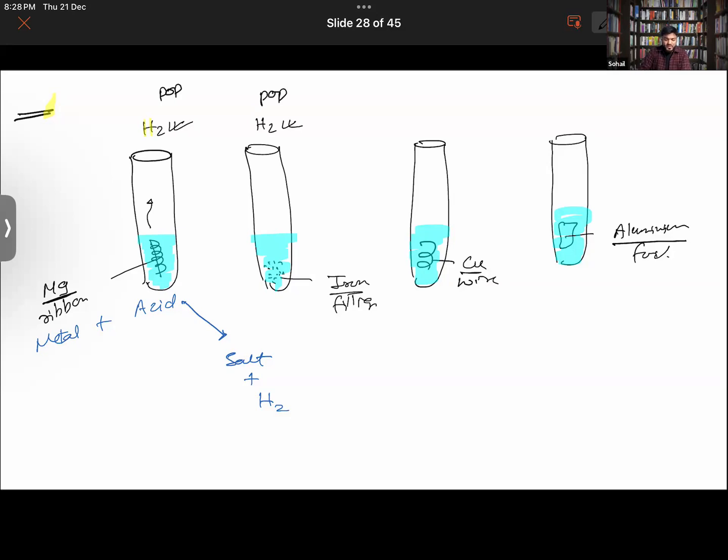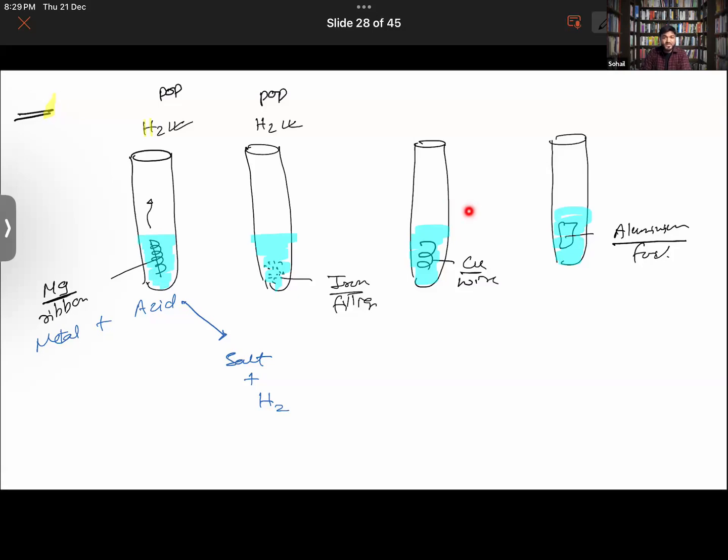When you bring the matchstick to the third test tube, which consists of copper wire, you will see that a pop sound is not produced, because copper does not react with dilute acid.